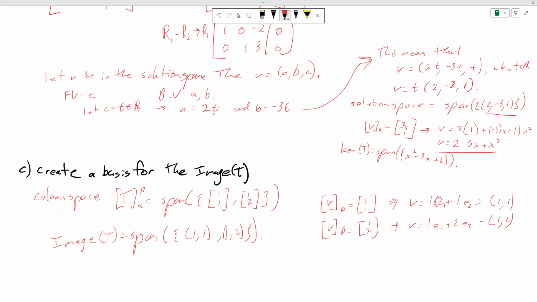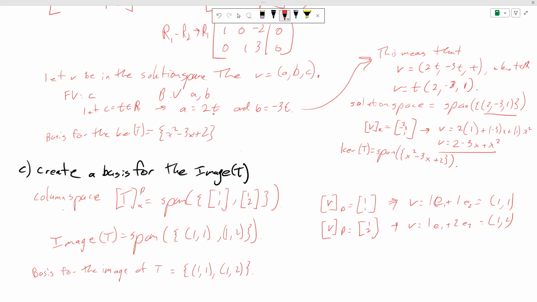Well, I can use these to create my bases. So my basis for the kernel of T equals the set {x squared minus 3x plus 2}. And the basis for the image of T equals the set {(1, 1), (1, 2)}.